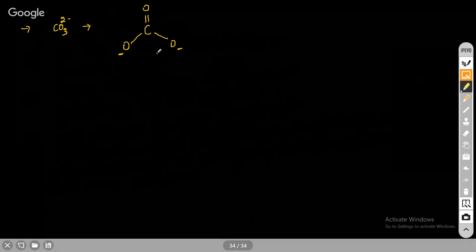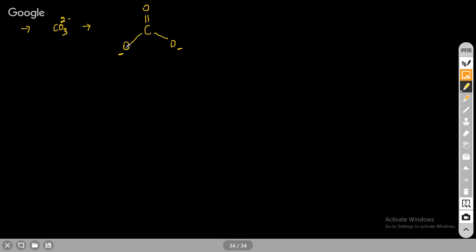Now, how we get this structure, that you can understand by Lewis structure of this. Lewis dot structure you can draw, you will get this. Now you see here, is this a conjugated system? You see, pi, sigma, negative charge. It is a conjugated system.